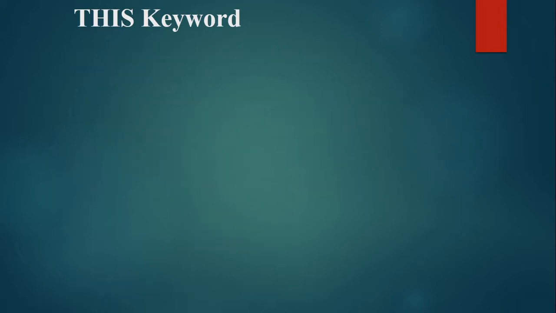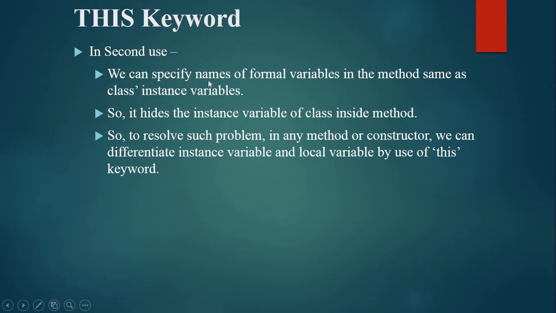If we see another use, we can specify the name of a formal variable in the method the same as the class instance variable. Here we have to remember that the formal variable and the passed variable can both have the same name. So it hides the instance variable of the class inside the method.